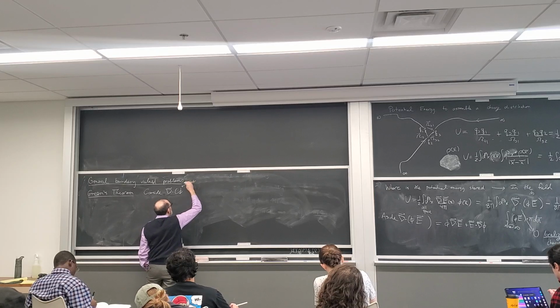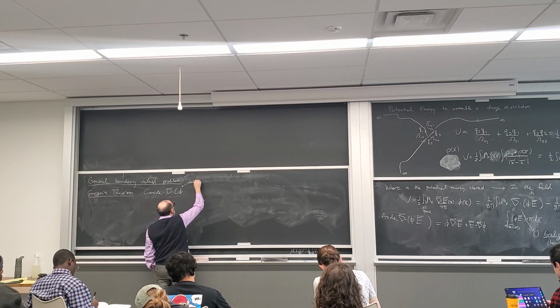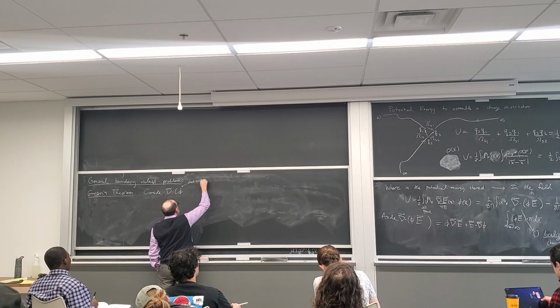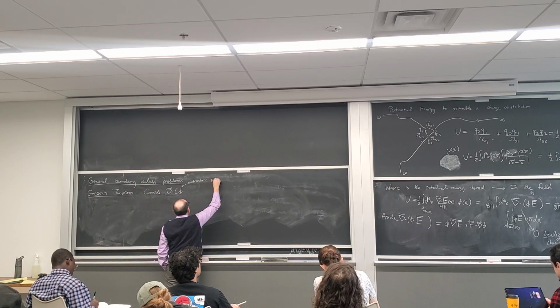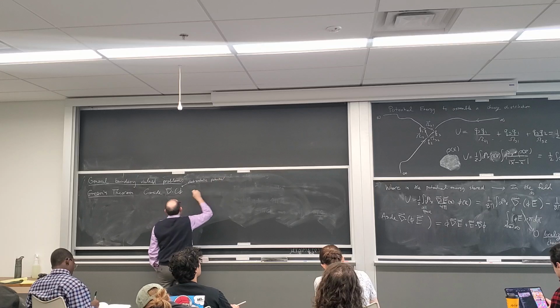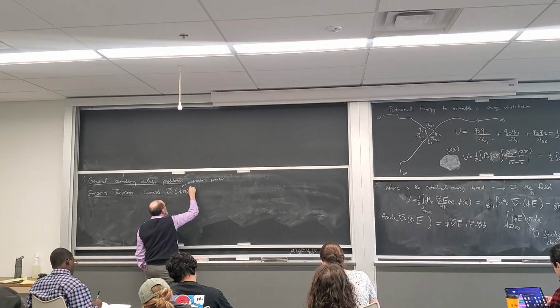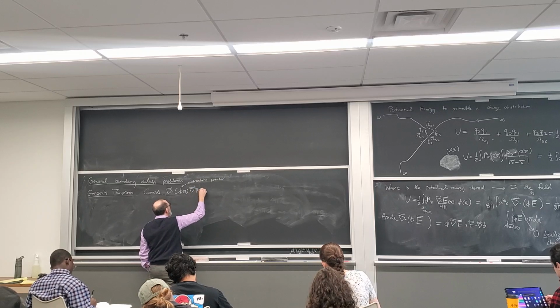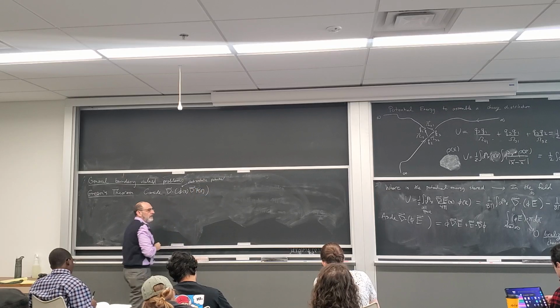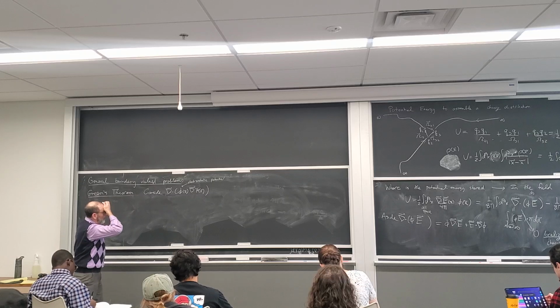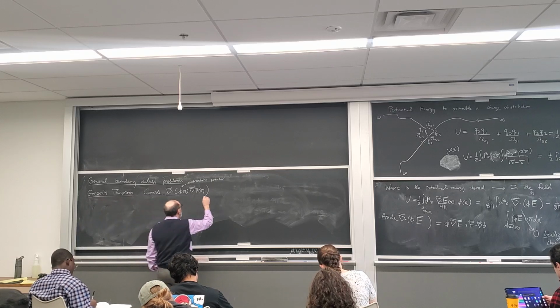It doesn't really have to be, but this is a mathematical theorem, times the gradient of some other scalar field. Okay? That's the kind of thing we just did over there.